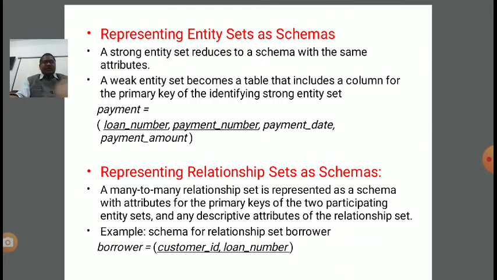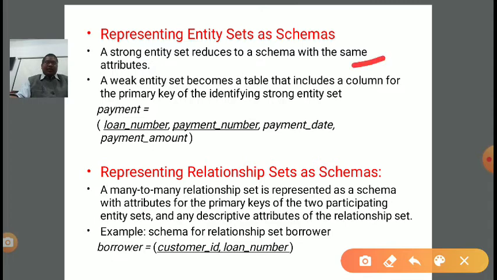Okay. So, if we want to represent an entity set as a relational schema, then a strong entity set is reduced to a schema with the same attributes. A weak entity set becomes a table that includes a column for the primary key of the identifying strong entity set. Suppose payment is the relation.